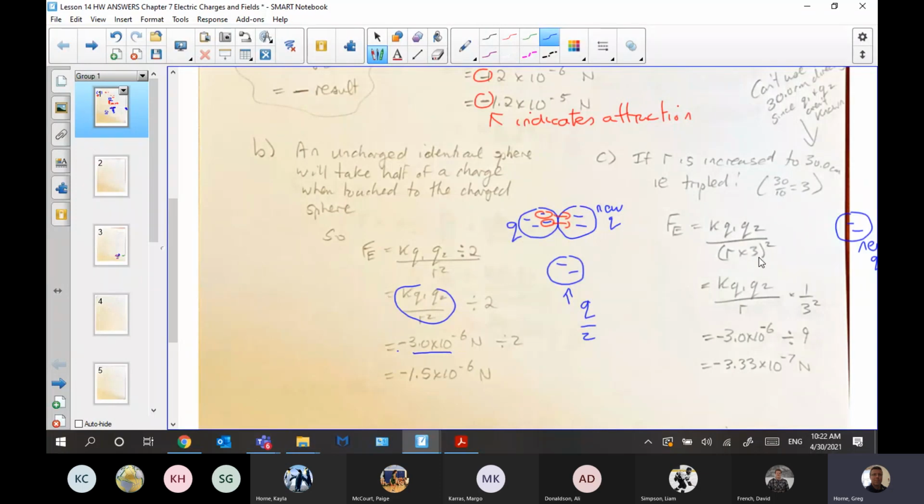So you've got an R times 3. Notice that leads to a 3R squared, right? So 3R squared equals 3R times 3R, which equals 3 squared R squared, which equals 9R. That's the full mathematical analysis as to why it's a factor of 9 rather than a 3.